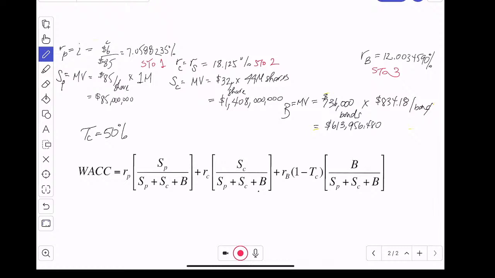So finish this yourself. The WACC should be 14.1459024%.